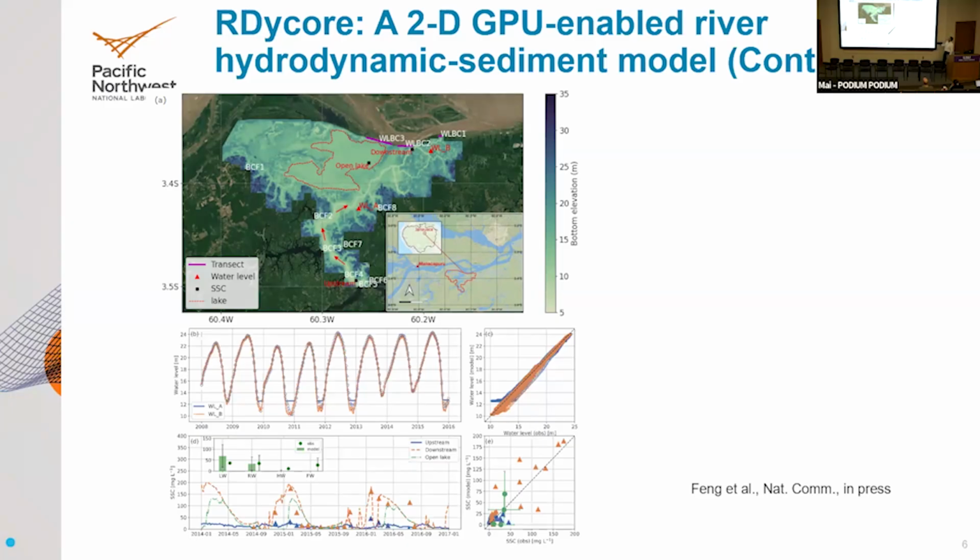The Amazon River is here, and its impact is represented through 3 boundary conditions, where this solid purple line is the dominant one. The bottom 4 panels show that our model can capture the observed water level and suspended sediment concentration at different locations of this flood plain.